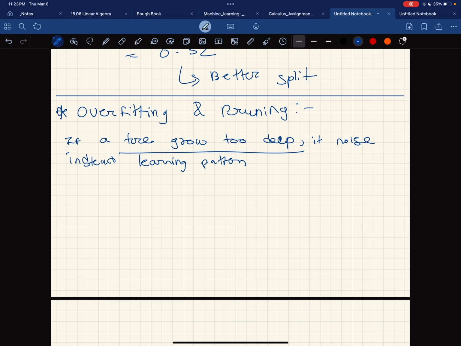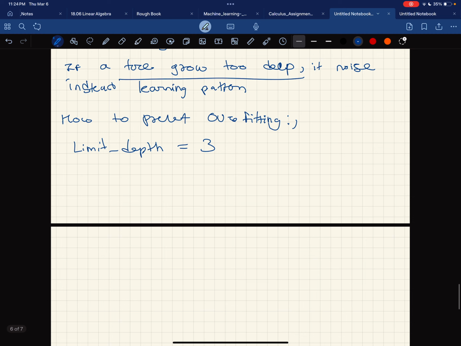So how to prevent overfitting? We can prevent overfitting in a few ways. If we are programming, we will set the max depth to, let's say, 3, and we can set minimum samples per leaf equal to 5.